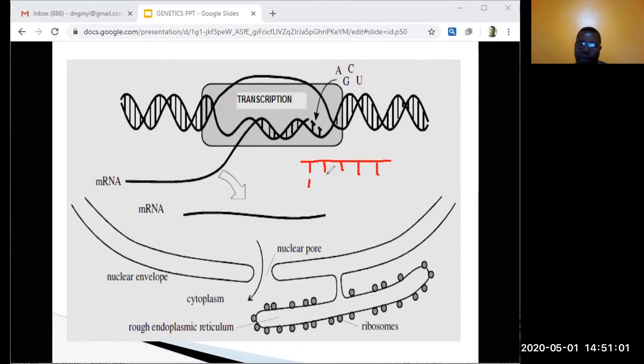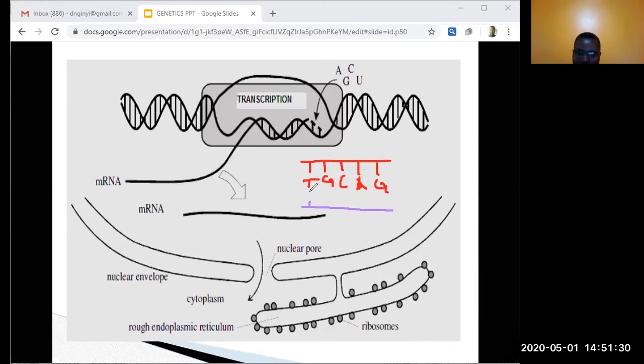Maybe there is thymine there, guanine, cytosine, adenine, and maybe guanine there. Now, let me pick a different color. When it comes to the formation of this single strand of messenger RNA, we've said that the DNA strand is used as a template. So, thymine, what do we have on this side?